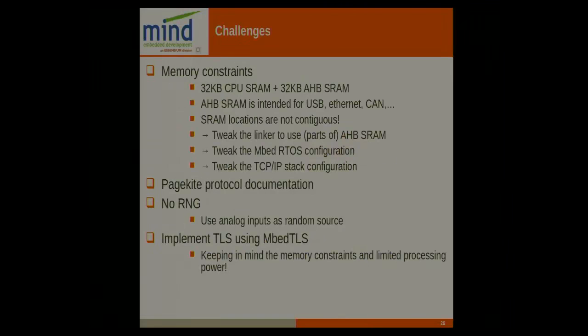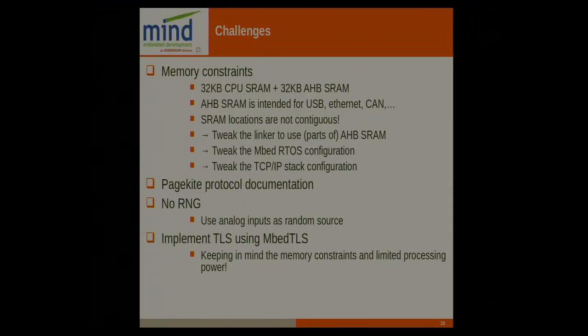So the memory is actually quite a constraint. Actually it's 64 kilobytes of RAM, but 32 is reserved for functions for the TCP/IP stack, things like USB functionality and CAN functionality. So you cannot use the full RAM that is available.